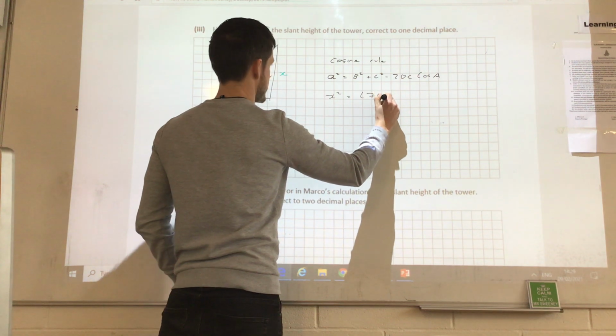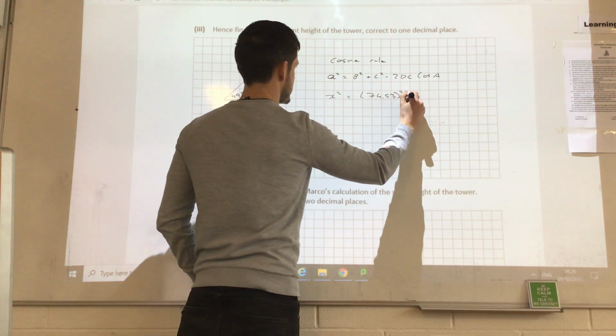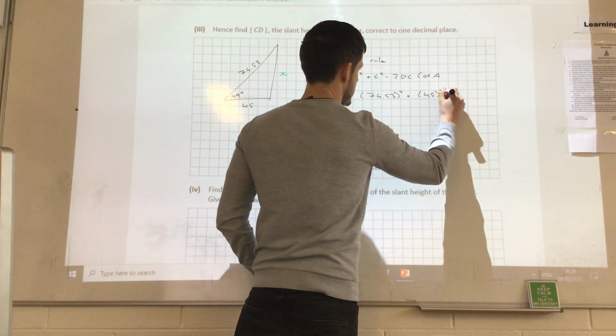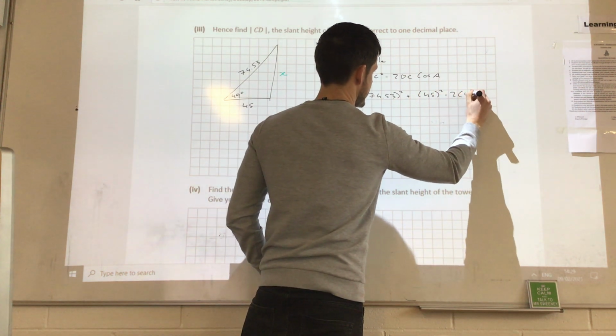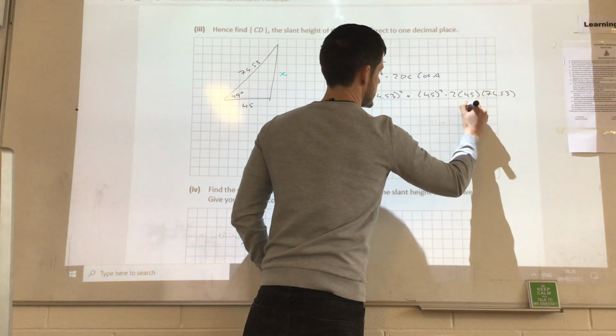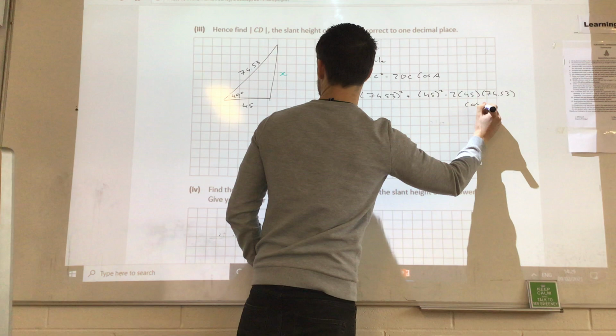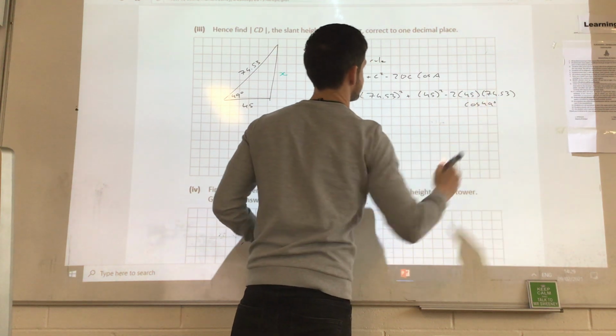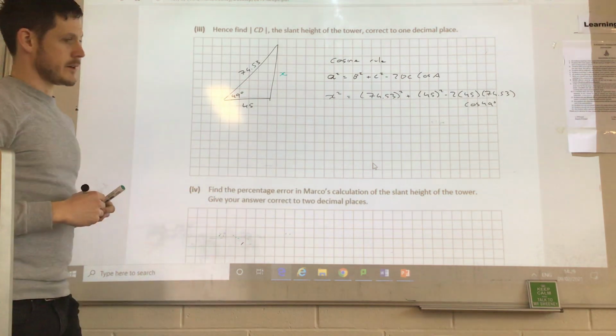So 74.53 squared plus 45 squared minus 2 times 45 by 74.53 times the cosine of the angle, which in this case is 49 degrees.